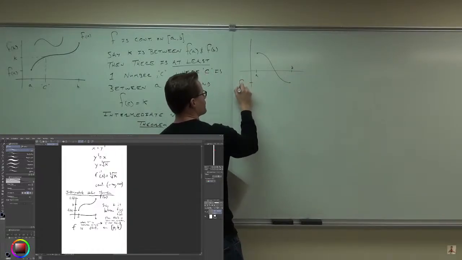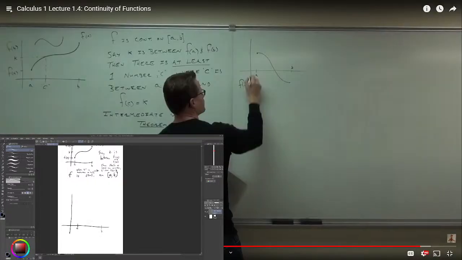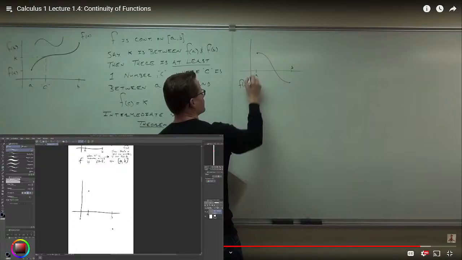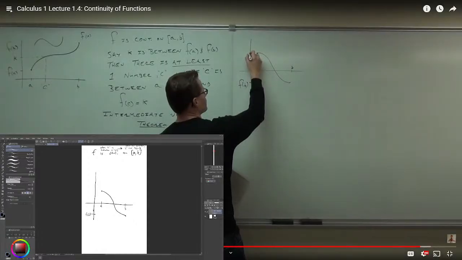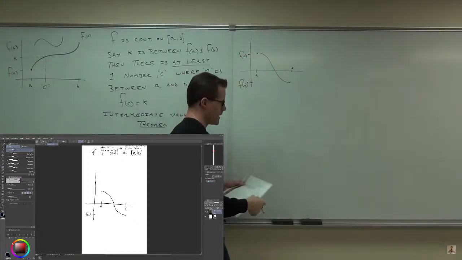Well, of course, this height is f of b. And that height's f of a.